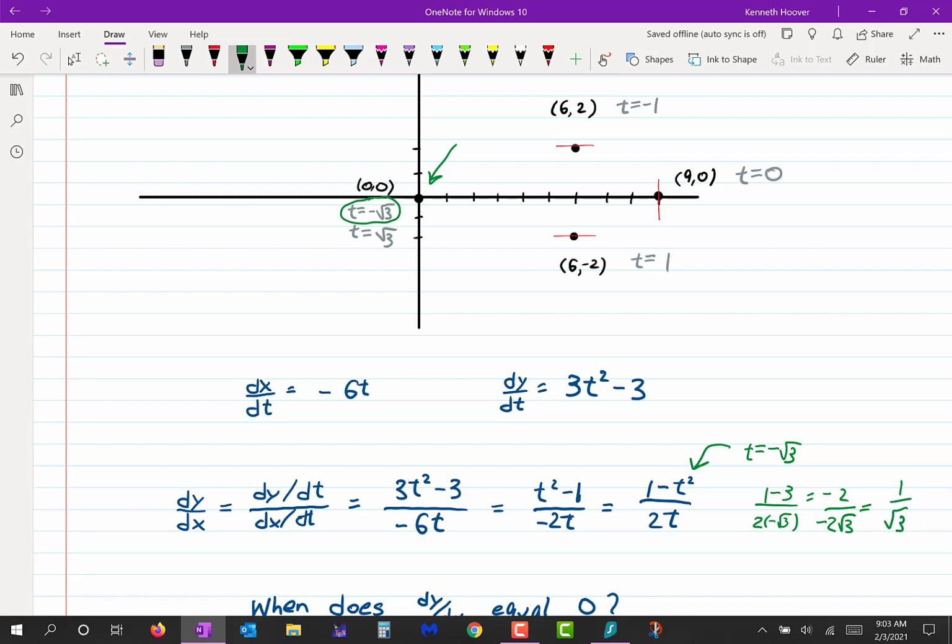So that's the slope of the curve when it passes through the origin the first time. Okay, that's going to be something like this. Let's not worry about being perfect. Okay, that's when t equals negative square root of 3. The curve will pass through the origin and be at approximately that angle.